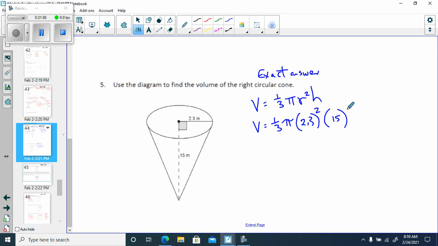I'm going to say 2.3 squared times 15 equals, and then I'm going to divide that by 3, and I have 26.5. This would give me a volume of 26.5 meters cubed, cubic meters, okay? Simple enough?